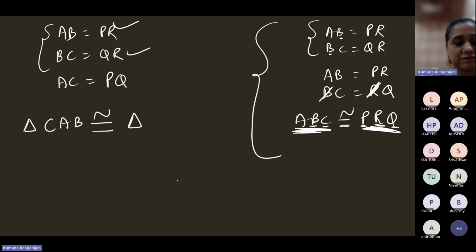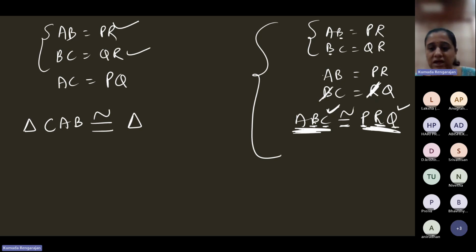If I write CAB, then how will you alter the name of the second triangle? Triangle QPR. Bhavishya, very good. QPR, because C is Q here. C and Q are the corresponding vertices.